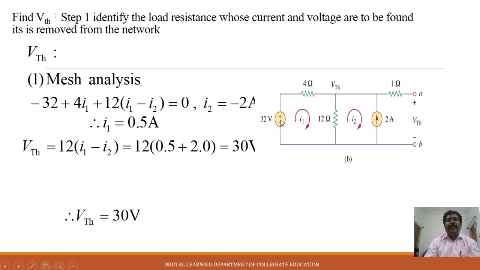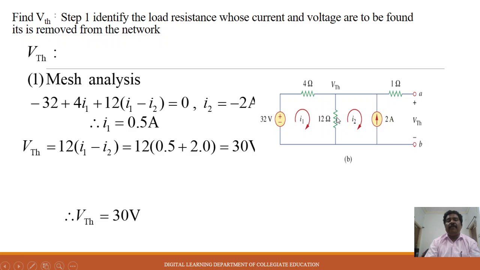Since the voltage is 32 volts, I am applying KVL for this mesh. Starting with the direction: minus 32 plus 4 times I1 plus 12 times (I1 minus I2), because of the current directions I chose, with the current coming from I2 in this way.